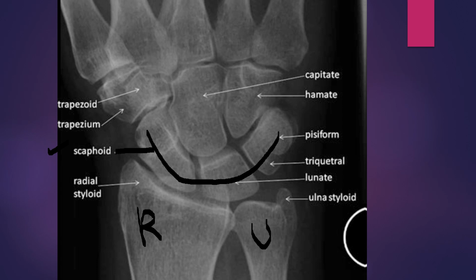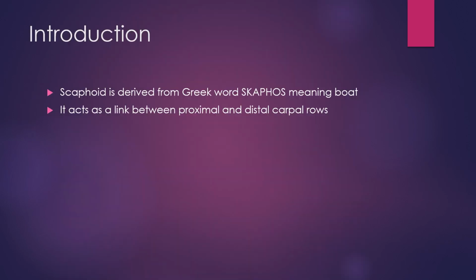There are 4 bones: scaphoid, this is your lunate, this is your triquetrum, and this is your pisiform, and this is your distal row. There are 4 bones. Lateralmost is trapezium, then you have the trapezoid, then the capitate, and the medialmost is the hamate. So there are 2 rows, each consisting of 4 bones, completing 8 bones.